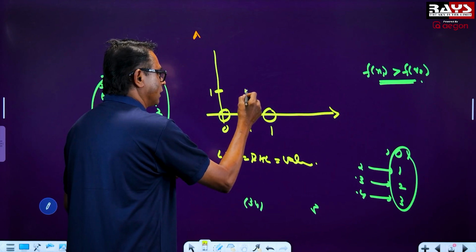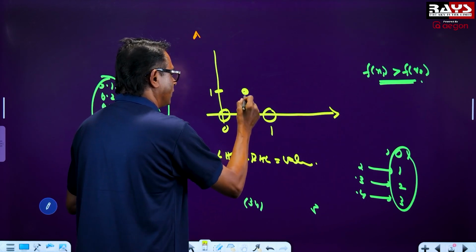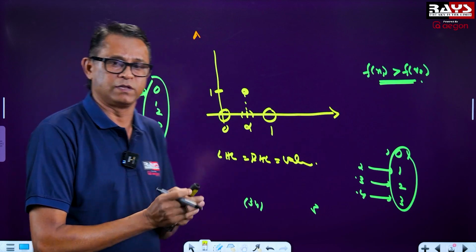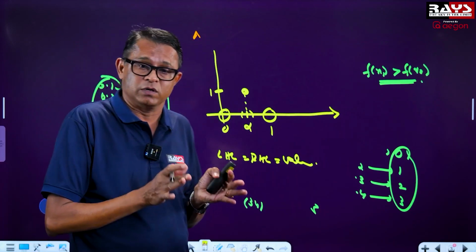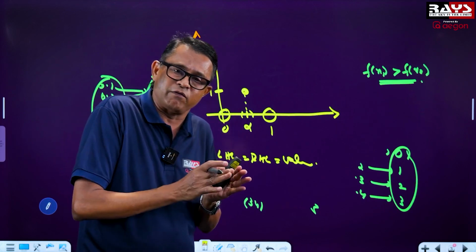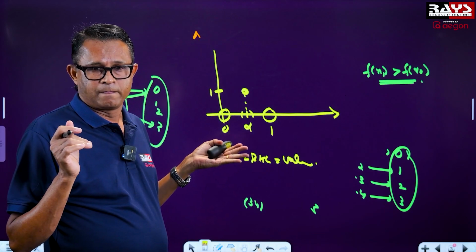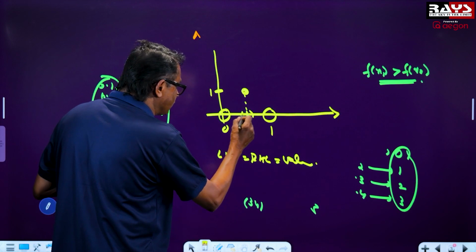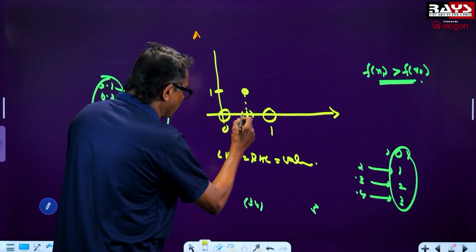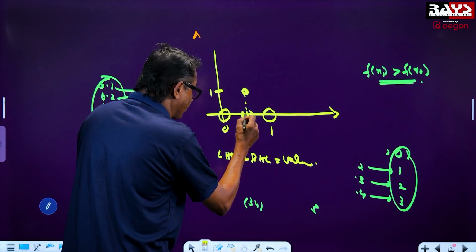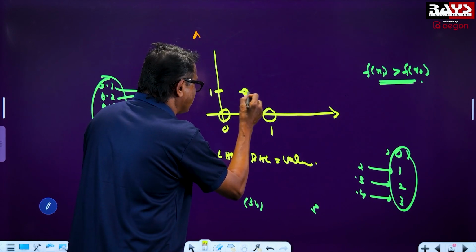The image of alpha is 1. Then what does it mean? For it to be continuous, the immediate neighborhood of alpha should also be 1. If you consider the left limit and right limit, that is the immediate neighborhood. Every point in the neighborhood of alpha should be 1.